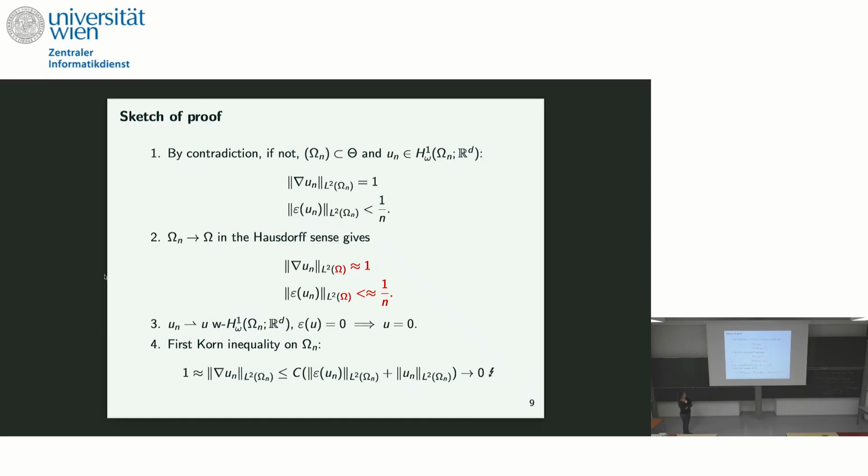The sets converge to a limiting omega. Then my sequence is bounded in H1, and it converges weakly. The limiting strain is 0, I have the Dirichlet condition, so this tells me the limiting displacement is 0. And then I can use the first Korn inequality and get to a contradiction.